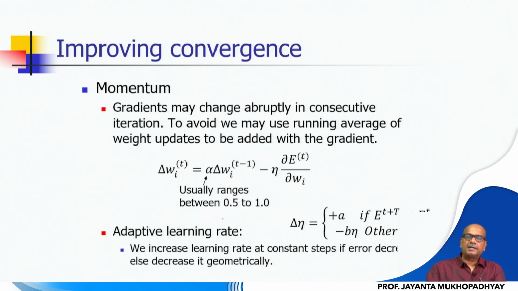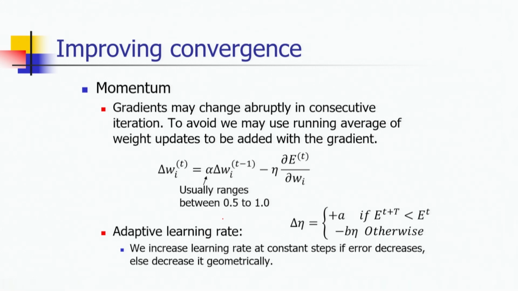There are some tricks by which you can improve the convergence. As you know, since your network is very large, initialization is a very important thing to do, and sometimes in the initial stages, when you are taking this step, it may come out of a good local minimum and jump into a bad local minimum region. So to avoid that, note that gradients can change abruptly in consecutive iterations.